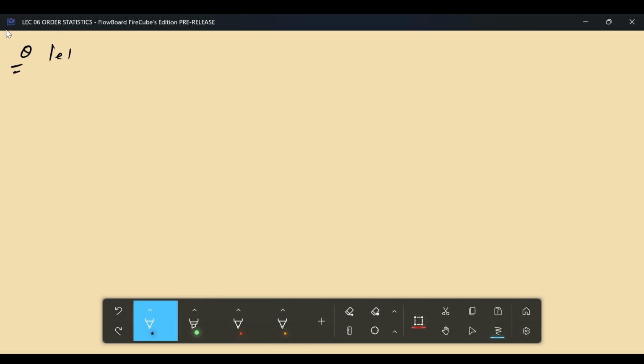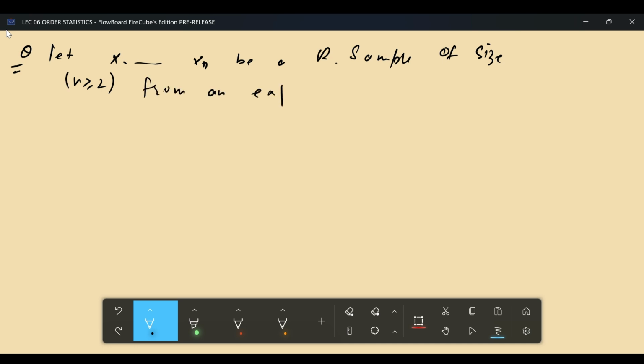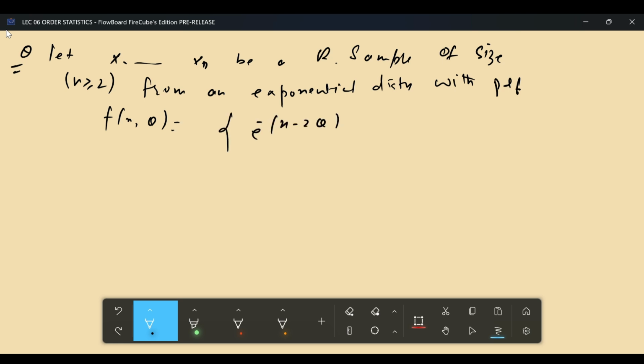Let x1 up to xn be a random sample of size n greater than or equal to 2 from an exponential distribution with PDF f of x comma theta equal to e raised to the power minus (x minus 2 theta), where x is greater than 2 theta, theta belongs to 0 to infinity.